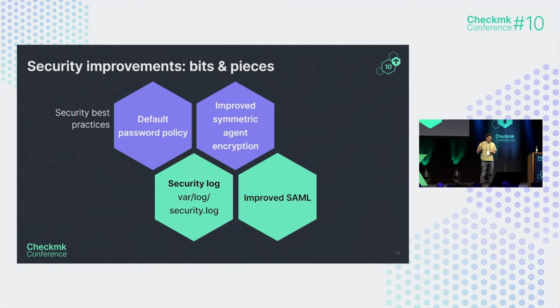What you see here happens as part of all our security efforts. For example, there's also now a dedicated security log, which logs failed authentication attempts, CSRF tokens which were unsuccessful, not found, or couldn't be validated, or password changes, for example.